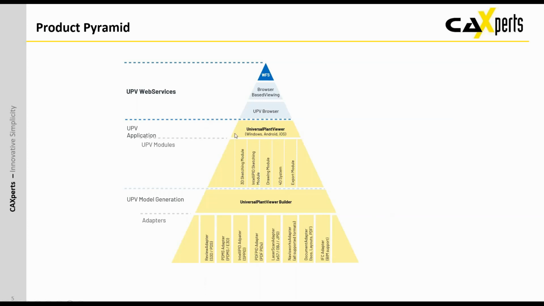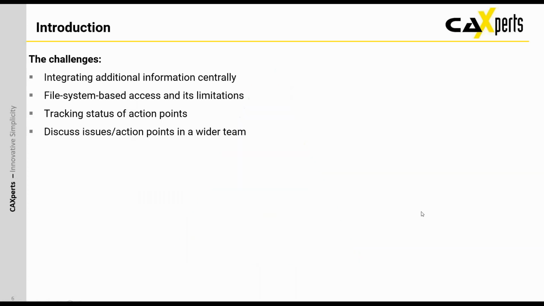Building on top of that, we have the UPV browser as the distribution server. Again, building upon the UPV browser, we have the browser-based viewing technology. And as the tip of the pyramid, we have the WorkFlowSystem. And what it does exactly and how it can be used, I hope I will be able to show you today. So what are the challenges here?